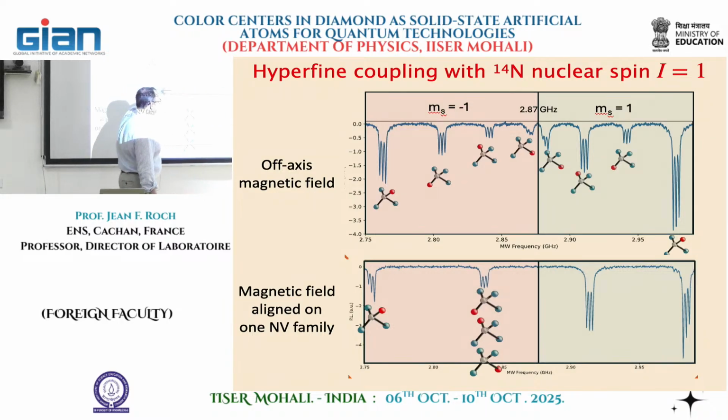But this is exactly the same family. Okay? And now here we only have the 3 families where our magnetic field is aligned on one axis. Of course, the projection on the 3 other families is identical. That means that all the other peaks have now been assembled into only one set of resonance. Okay? So this is what we're going to see, I hope, this afternoon.